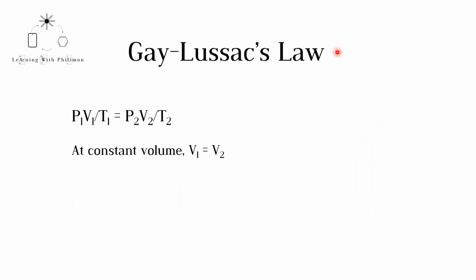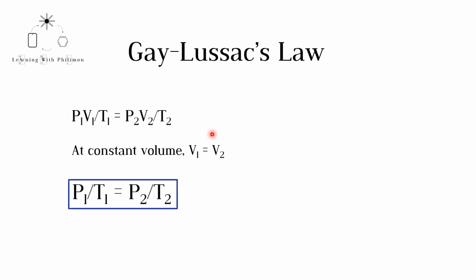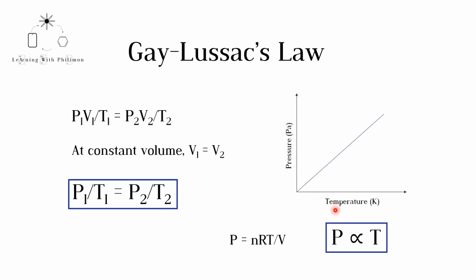In Gay-Lussac's law, we keep the volume constant, therefore V1 is equal to V2. This equation is simplified to P1 over T1 is equal to P2 over T2. Rearranging the PV equals nRT equation so that pressure is the subject, we get P is equal to nRT over V. As n, R, and V are constants, we can simplify this to P is proportional to T. As the temperature increases, the pressure increases.